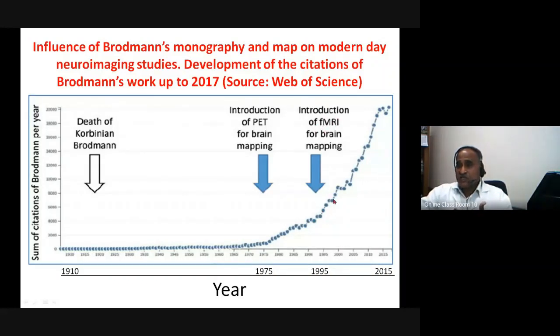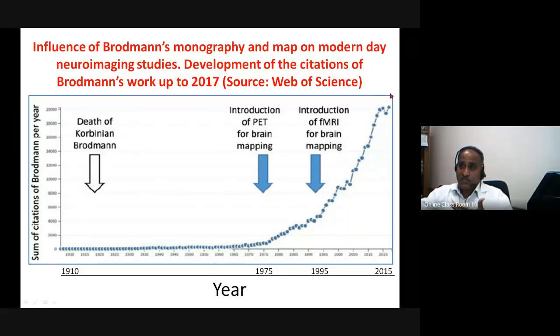So you can see a sudden increase in the number of persons citing this particular book. It increased tremendously. This is the data up to 2015.